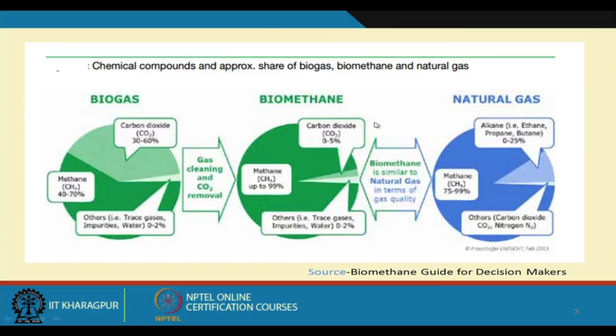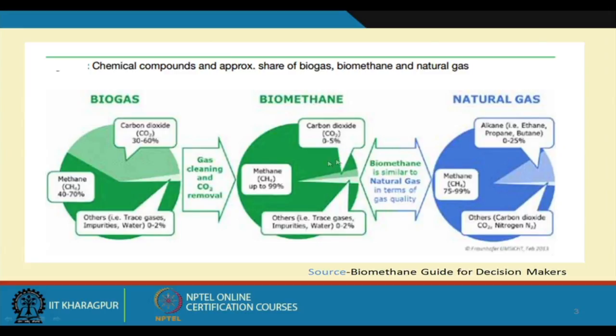Now, if you look at the approximate chemical composition, how can biogas, biomethane and natural gas be compared with each other? Biogas usually contains 40 to 70% methane and 30 to 60% carbon dioxide. When it is passed through a purification process, what we call a carbon dioxide absorption process, we can produce methane of about 99%, and carbon dioxide varies from 0 to 5%.